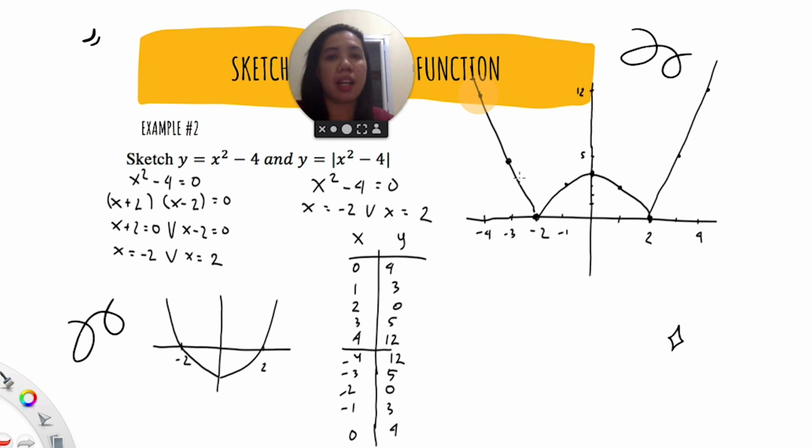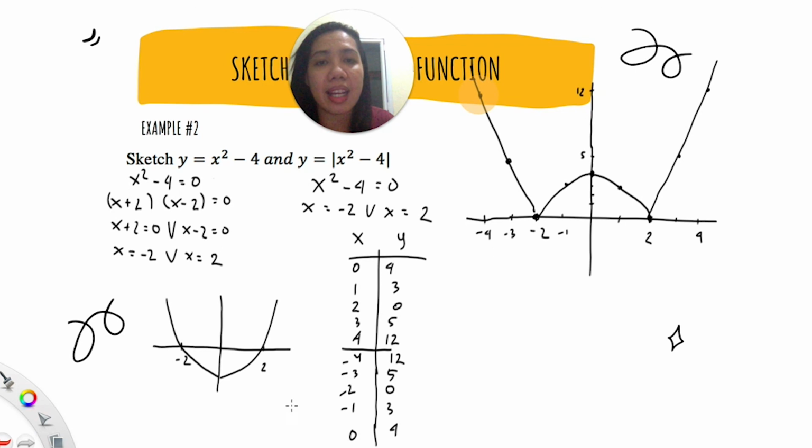This is the graph of y equals the absolute value of x squared minus 4. What is the relation between this graph and this graph? This is a common parabola graph, but when we add the absolute value, pay attention that this graph will be reflected upward toward the x-axis like this.